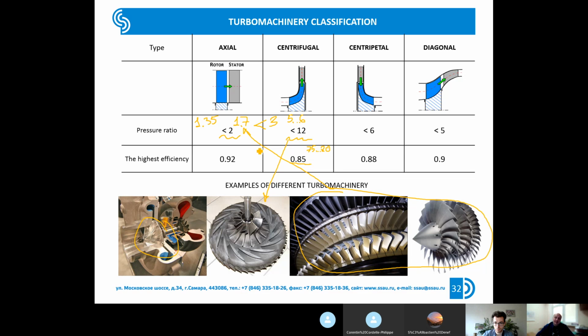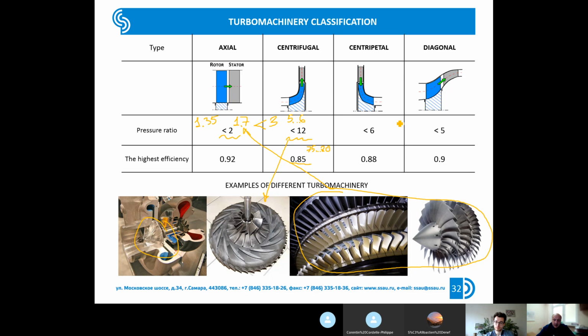If we compare the axial stage and the centrifugal stage, you will see that the axial stage provides a small pressure ratio but high efficiency, and the centrifugal stage provides a high pressure ratio but small efficiency. The centripetal and diagonal stages are approximately something in the middle between the axial and centrifugal stages.